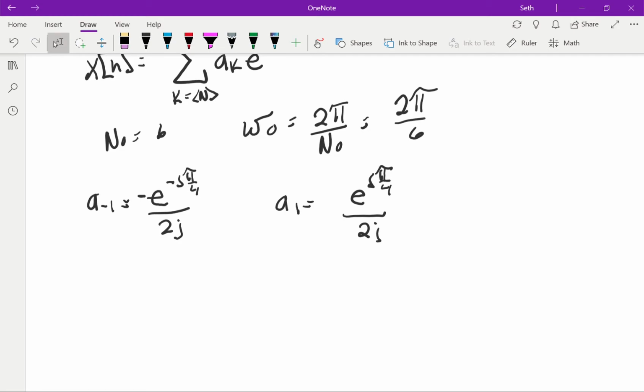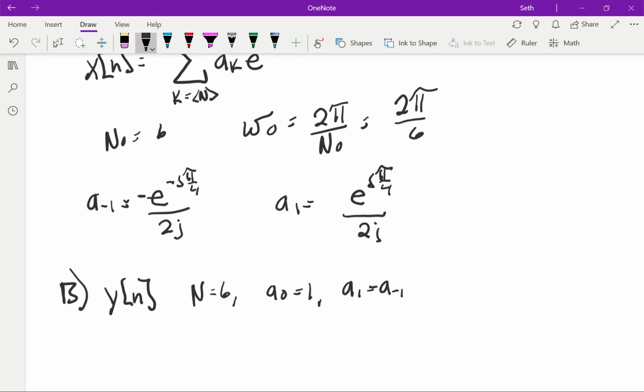So B is asking us to find y of n if it's a periodic signal with n naught equals 6, and the Fourier coefficients are given as a0 equals 1, a1 equals a minus 1 equals 2.